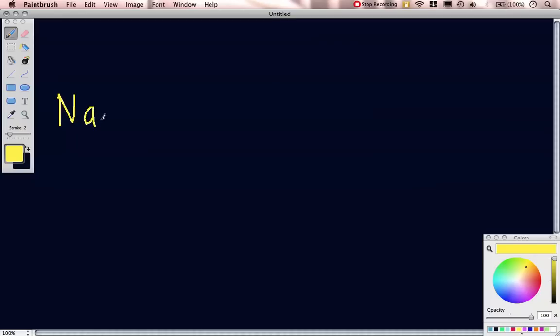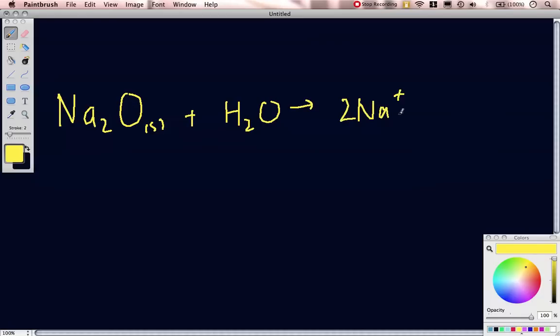So if we consider sodium oxide, which is very soluble in water, we start with it in solid form and we add it to water, then we form sodium ions in solution. There'd be an aq down there to represent aqueous. And we form two hydroxide ions. So you guys can identify, therefore, that sodium oxide is a base.